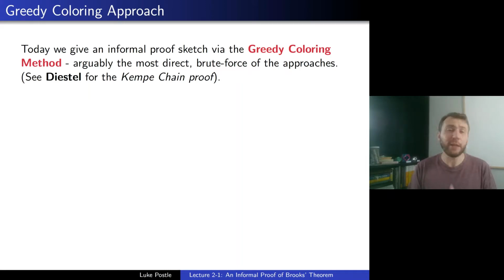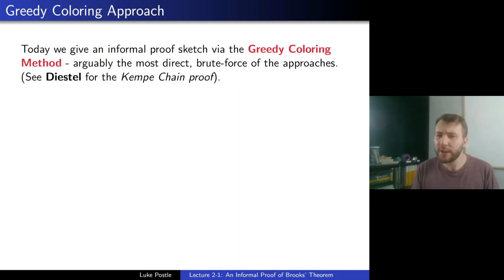For the Kempe chain proof, which is also very nice, I refer you to Diestel, but the greedy coloring method is arguably the most direct and brute force of the approaches. In some ways that's very natural, just taking the very base elements, the most instinctual way to prove the theorem.